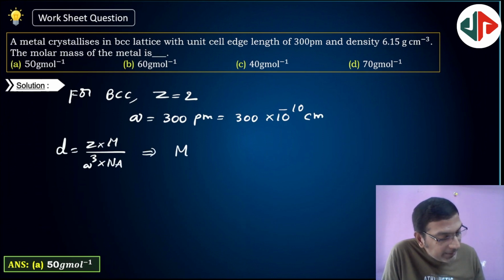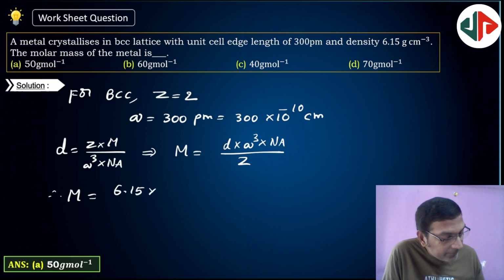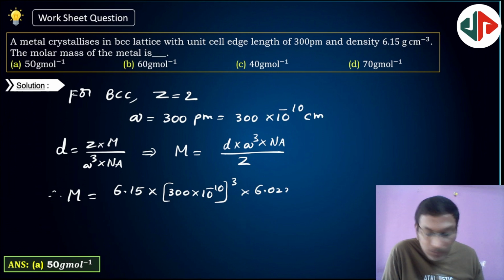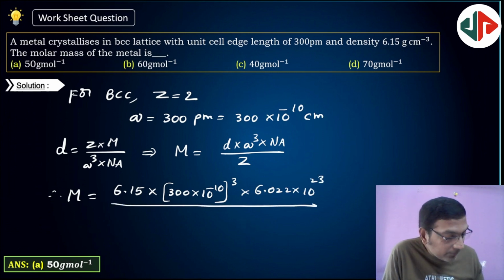So from this M equal to d into a cube into Na by Z. Therefore M equal to density 6.15 into a cube, 300 into 10 power minus 10 cube into 6.022 into 10 power 23 by 2.